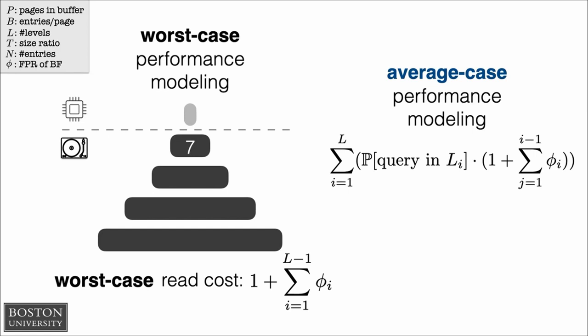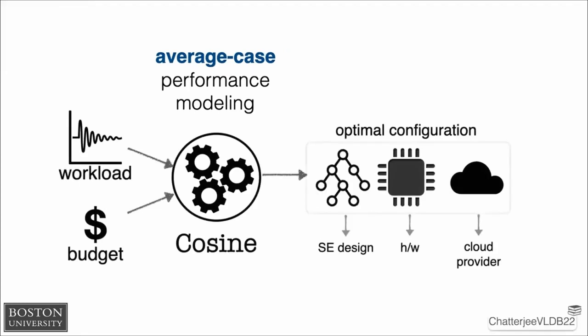So that type of work will be presented later in VLDB, but actually by 2 separate papers. Essentially, one of those is using average case performance modeling to perform a more fine-grained optimization that allows making real decisions about budget on the cloud.